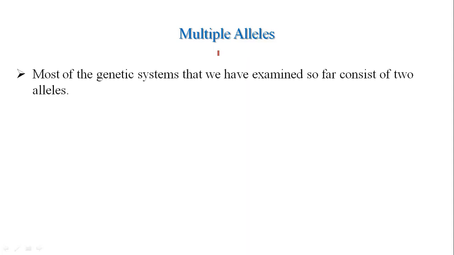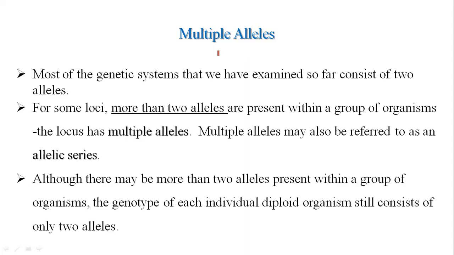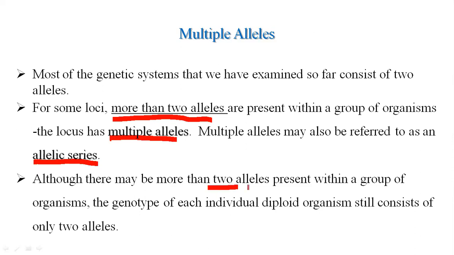Because they have more than two alleles, these are known as multiple alleles, or allelic series. But in that case only two alleles will be present in a diploid organism.